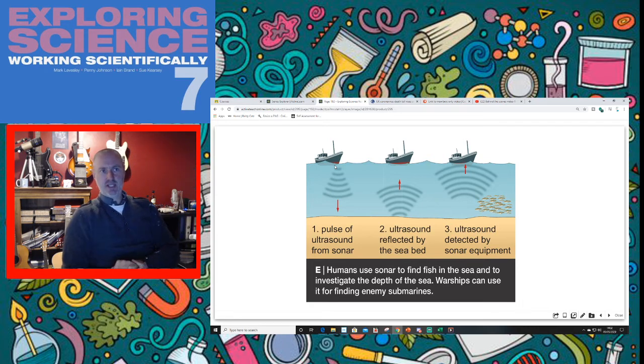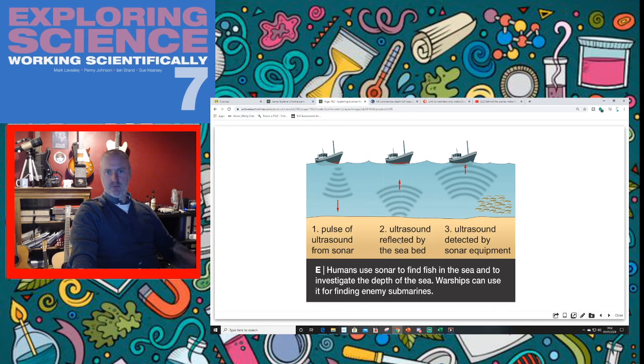So to use the equation to calculate how deep something is, or how far away something is using ultrasound, we are going to use the equation distance equals speed times time divided by 2. We're going to halve the answer. Now, with ultrasound for a baby, it will be the same thing. The sea would be the mother's belly and the womb.